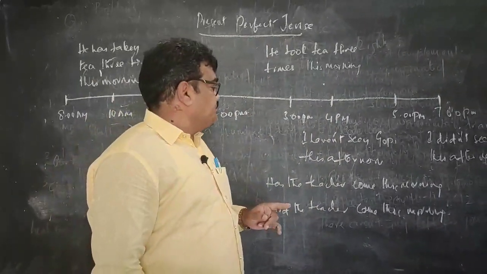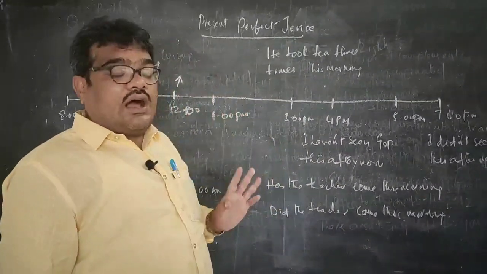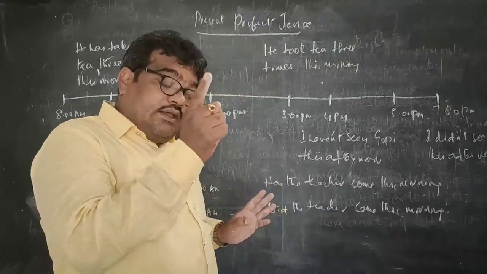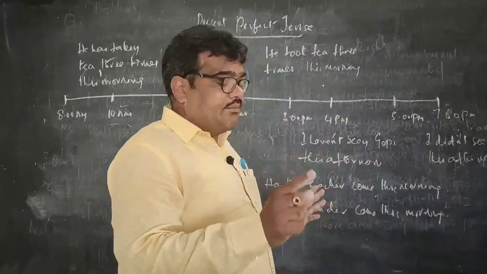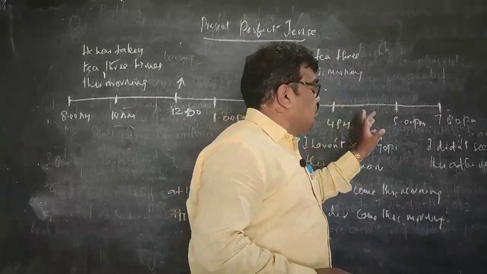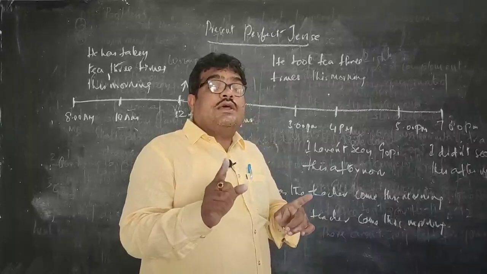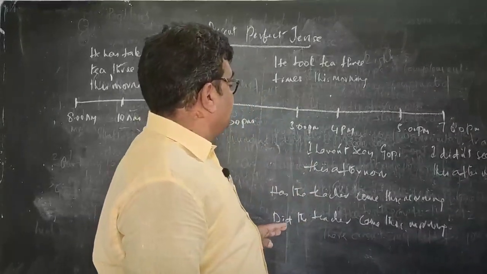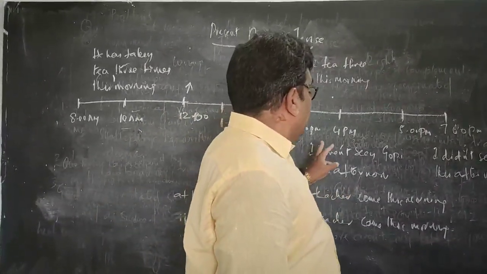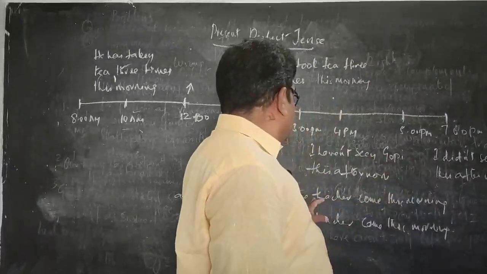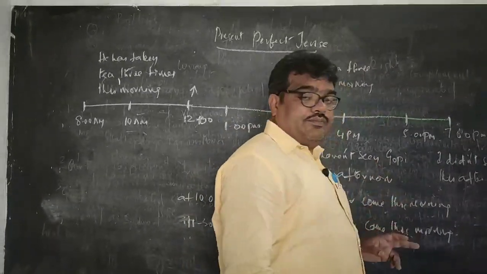For example, Gopi has not come in the afternoon. If we are talking in that time frame, for example, 1 to 4, in that period, we have to use present perfect tense. For example, I haven't seen Gopi this afternoon.